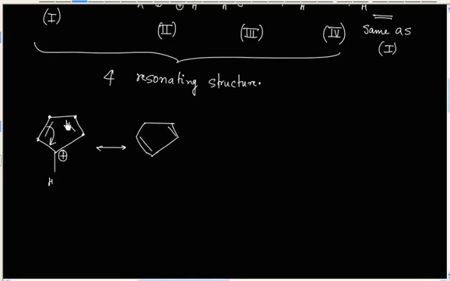Now this carbon will be having 3 bonds. Let me show the hydrogen for clarity. So this carbon has 3 bonds, so it will be positively charged. We can shift this double bond here.